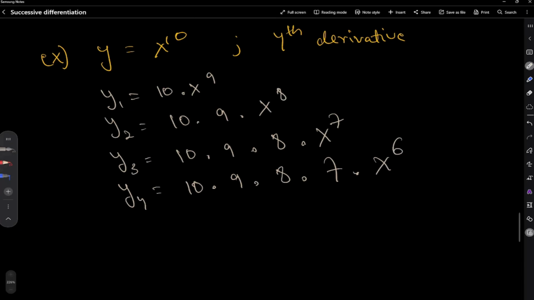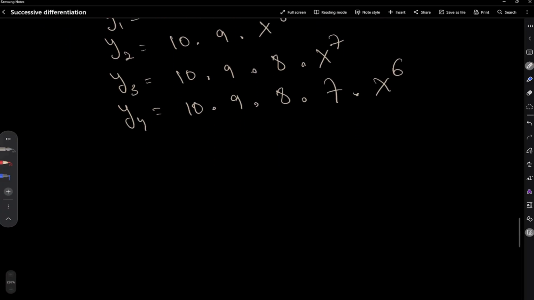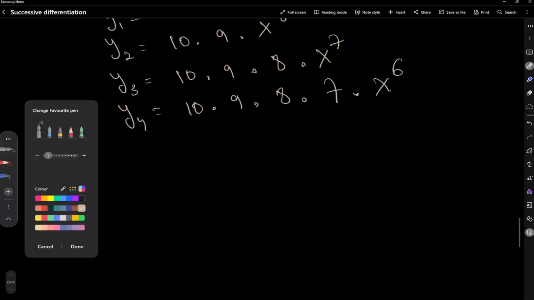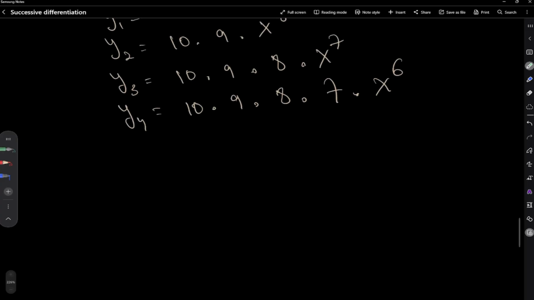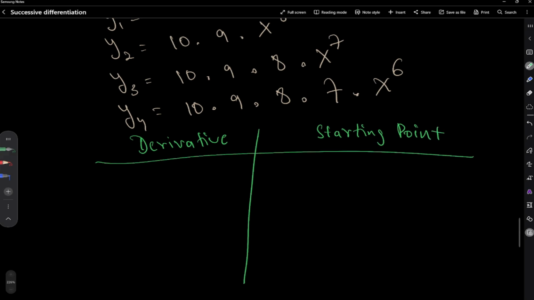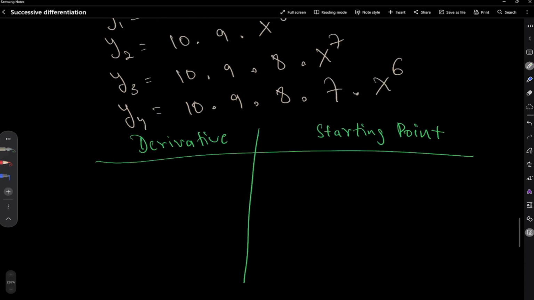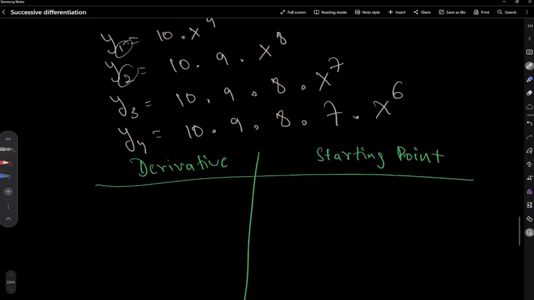Now I'll make a section here. I'll write this part as the derivative and this part the starting point. Now the derivative goes 1, 2, 3, 4, so I'll write here 1, 2, 3, 4.